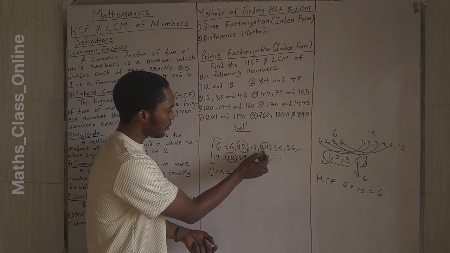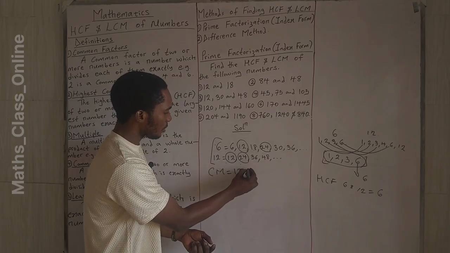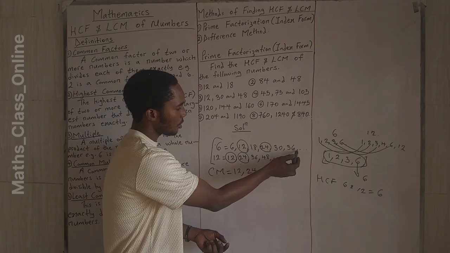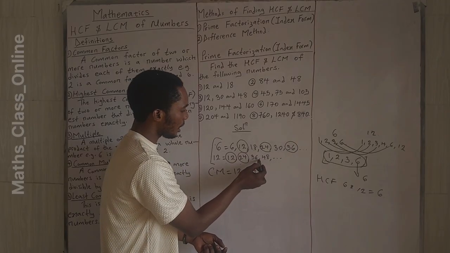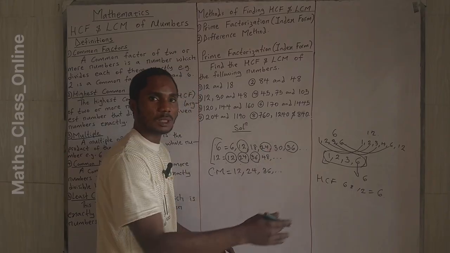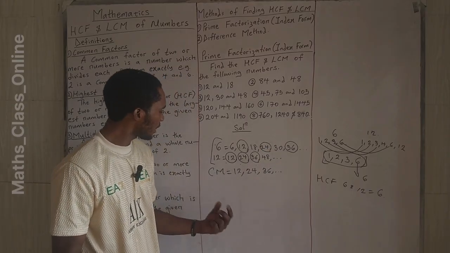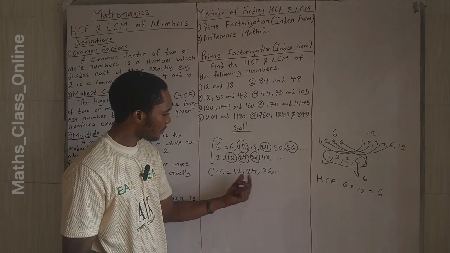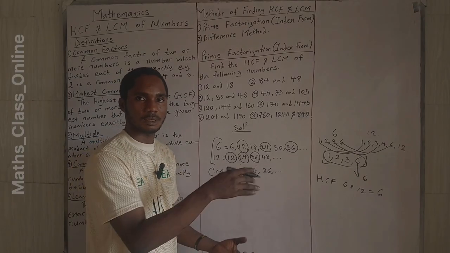We have 24 here, and we have 24 here also. 30 is here, not here. We also have 36 here, and we have 36 here, and so on and so forth. The common multiples of 6 and 12 are 12, 24, 36, and so on.